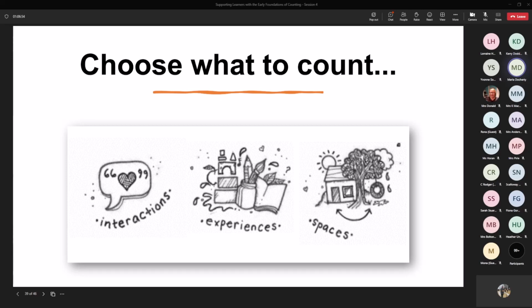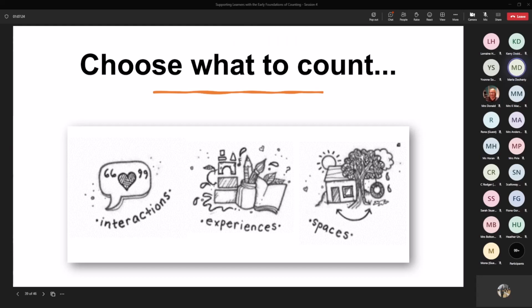And we know that children differ in terms of the experiences they bring with them. That gives us the responsibility of providing those frequent opportunities to count, so that we can counteract those disparities in children's number or counting experiences. Essentially, we're providing environments which are rich in counting opportunities, with an aim to increase the fluency and the accuracy of counting.